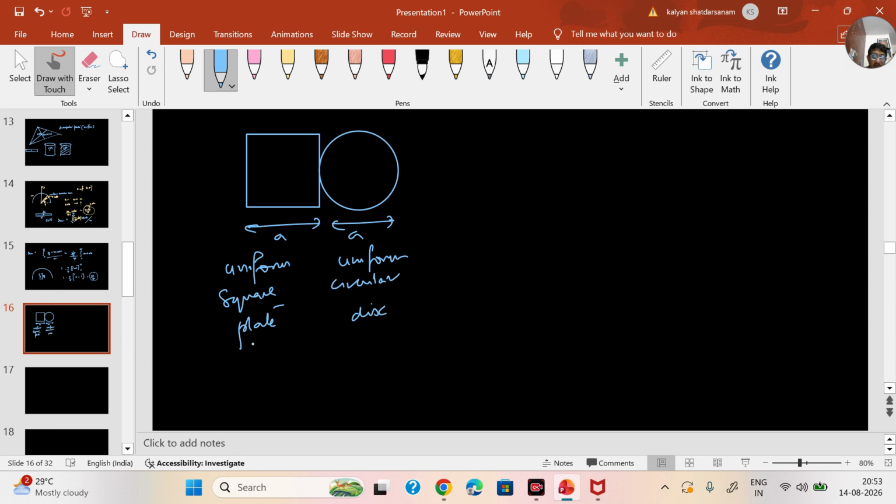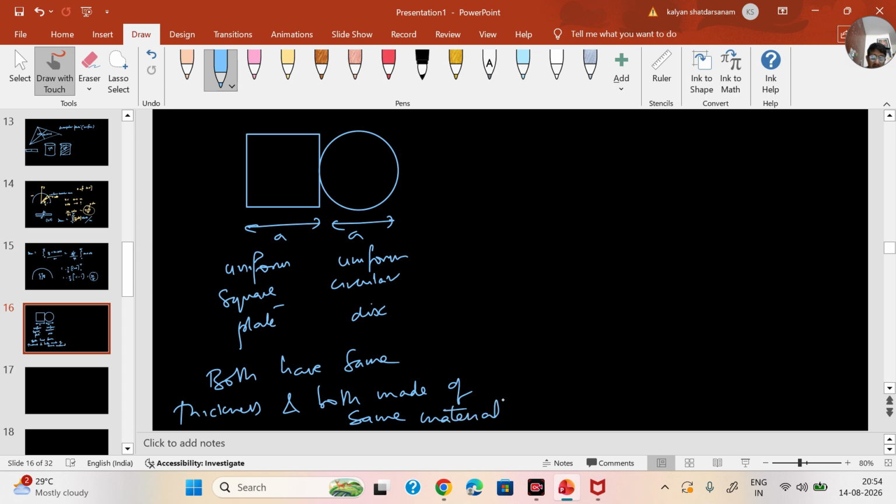Let us say both have same thickness T and both are made of same material. Actually, thickness is not needed. I'm saying same thickness, that's it. And both made of same material.